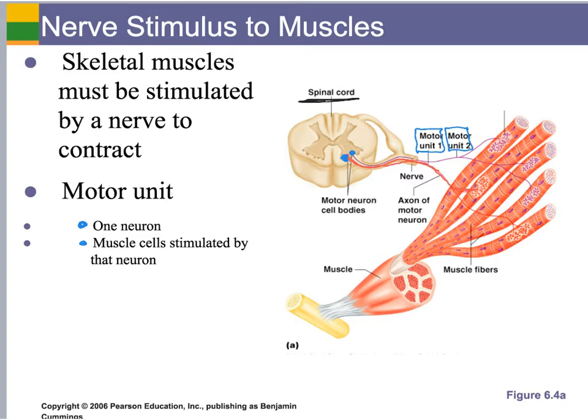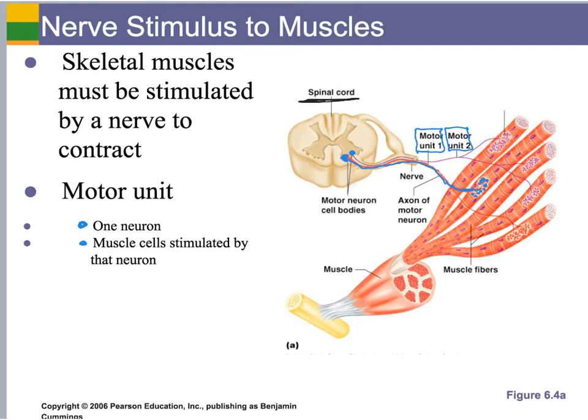The nerve impulse is going to travel down the axon and end up at these axonal endings, these little endings here. They're also known as axonal terminals, and they interface with the sarcolemma of the muscle fiber.